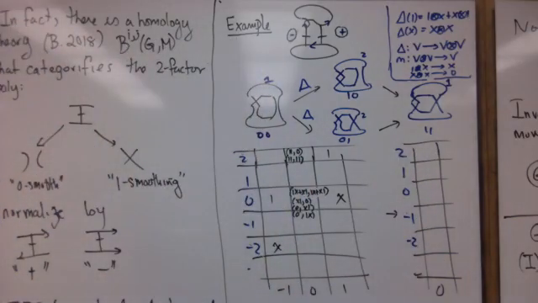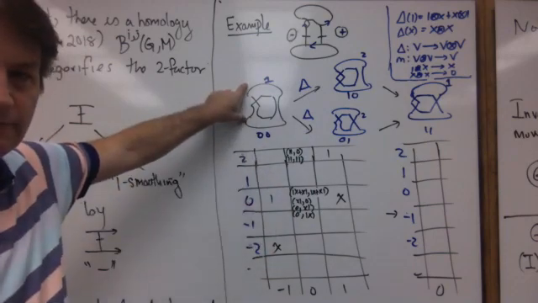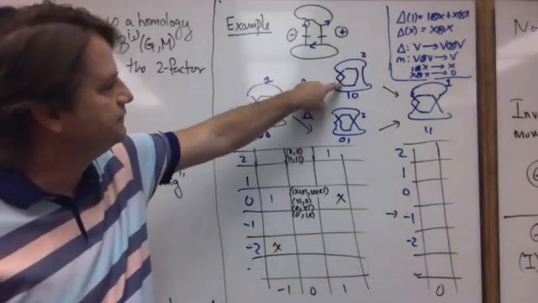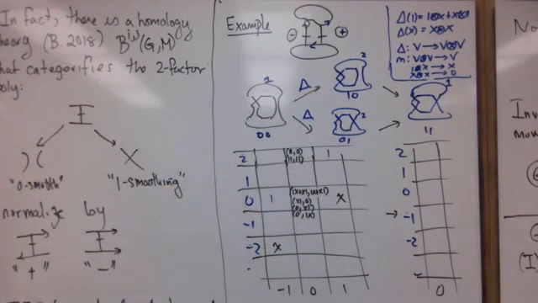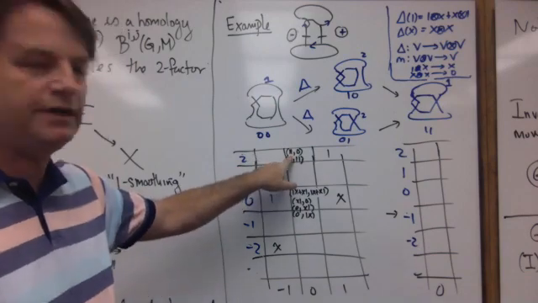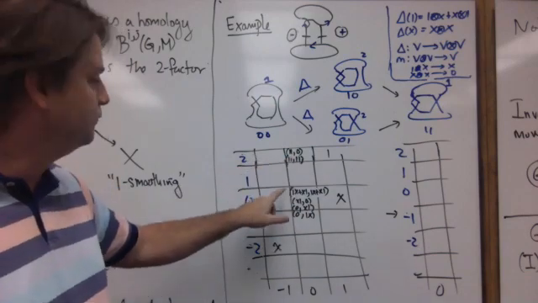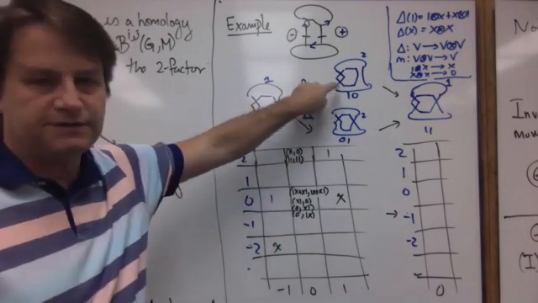So this gives you the gradings for this V, and then I have a V tensor V here, and it will be graded as a 1 tensor 1, which I'm just writing as 1, 1, and 1 tensor x and x tensor 1, and there'll be 2 copies of it.